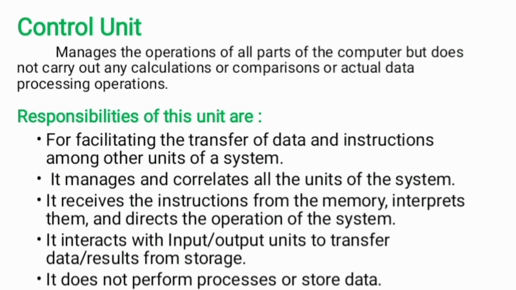It manages and correlates all the units of the system. Then it receives the instructions from the memory, interprets and directs the operations of the system. Then it interacts with the input or output units to transfer data or results from storage. Then it does not perform processes or store data.